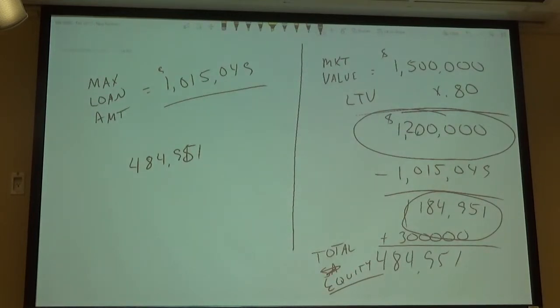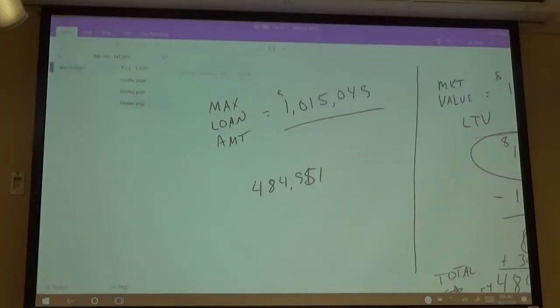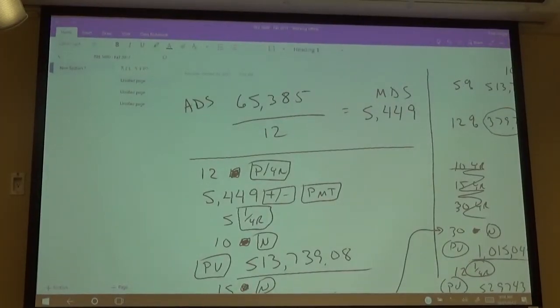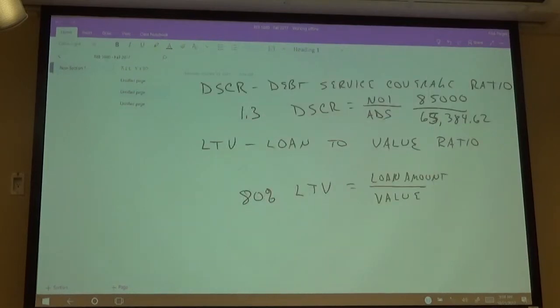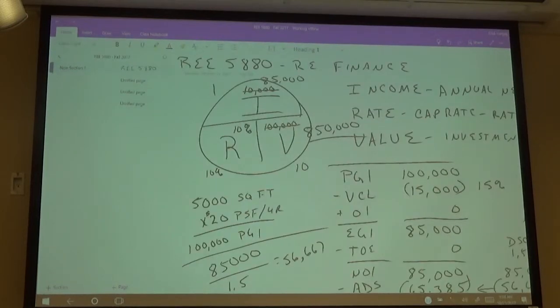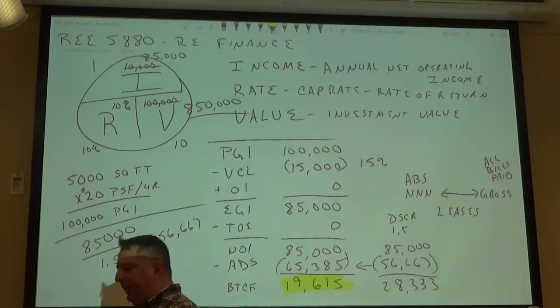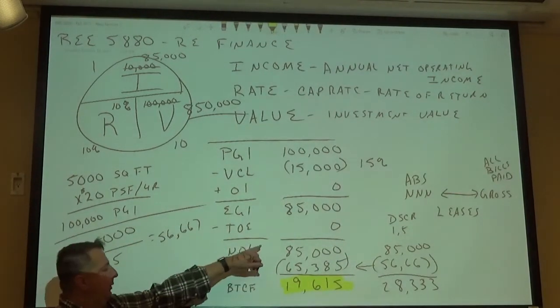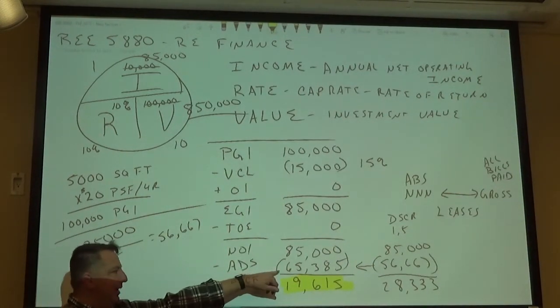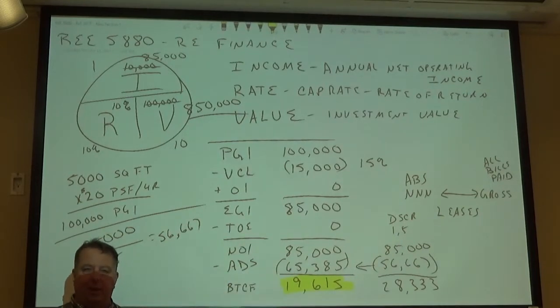Okay. Now, let's go back to this number here, 19,615. We have already determined that our annual debt service is going to be the $65,385-ish loan payment, and then the rest is coming from equity.